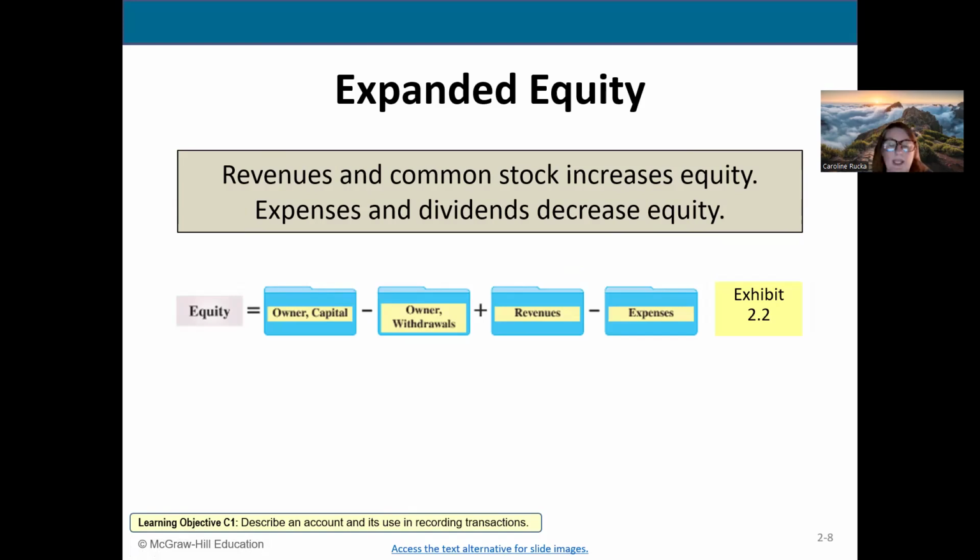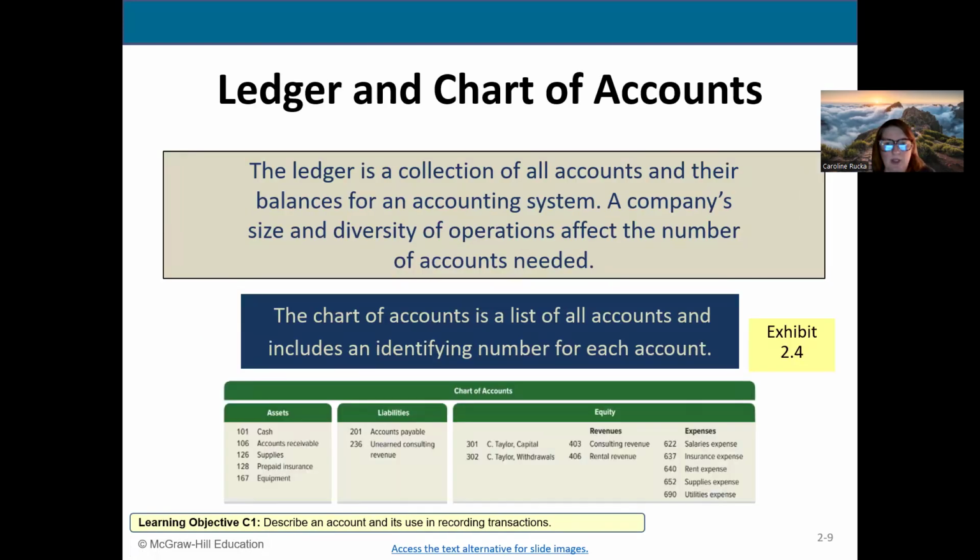Revenues are the money we get from our day-to-day business. Common stock, that's money that, people buy our stock, they give us money for a piece of our company, okay? Expenses, we all know what those are, and dividends, that's when we're paying out some of our revenue to our shareholders, and both of those are going to decrease our, I'm sorry, decrease our equity. Okay.